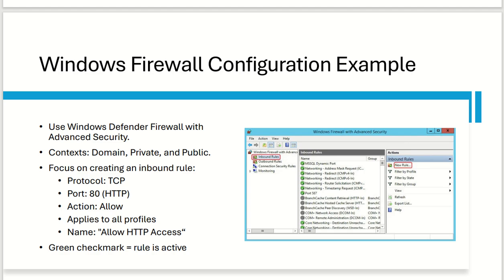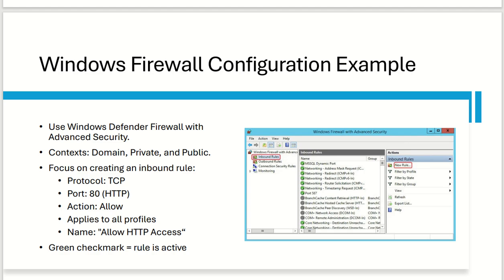Here, some key fields are important. There's the protocol that would specify the kind of protocol of interest. There is the port, which is going to specify the port number for the kind of protocol. If it is HTTP, for example, the port number will be 80. There is the action that tells the host-based firewall what action to take.